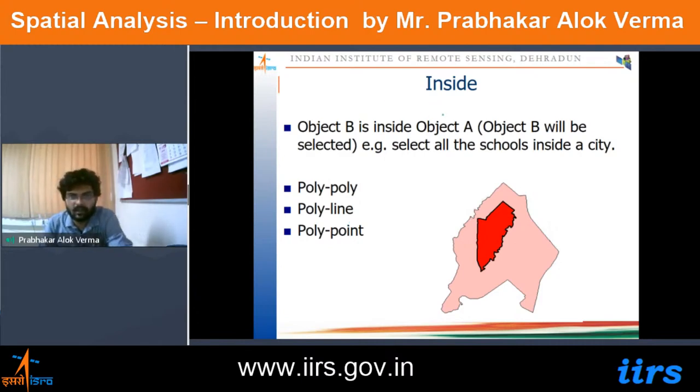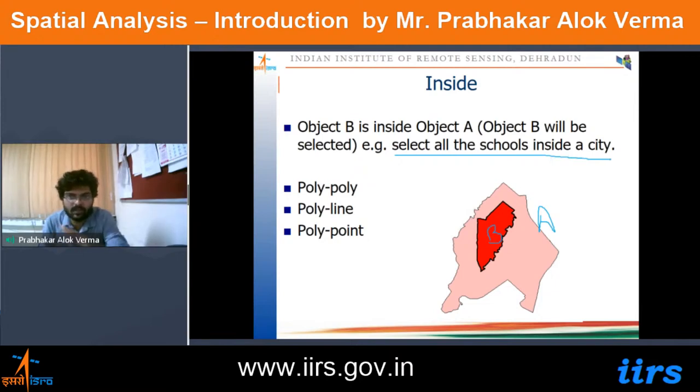Inside, there is inside relationship where object B is inside object A. So let's say this is object B and this is object A. Here the question can be: select all the schools which are inside a city.